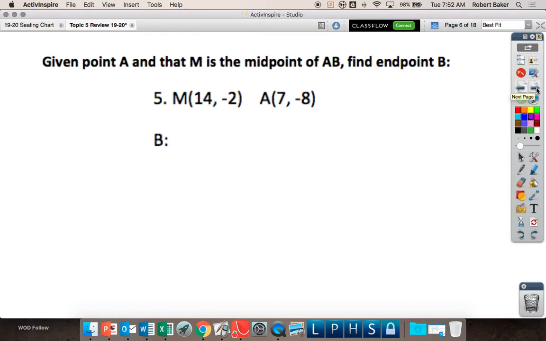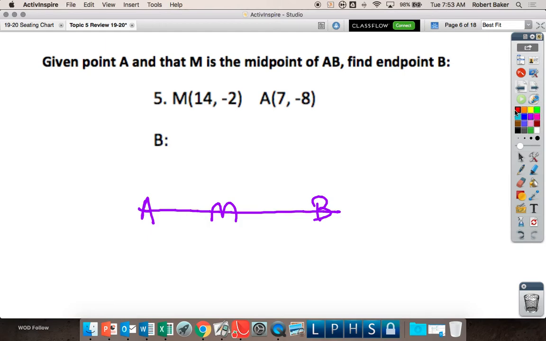Okay, this is the scenario. It says given point A and that M is the midpoint of AB, find point B. So it says given A points, find the other endpoint. We have a line segment AB. And we know that M is the midpoint.